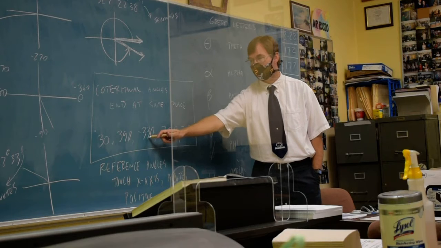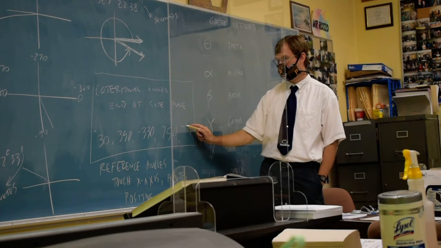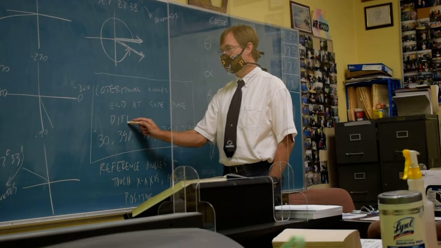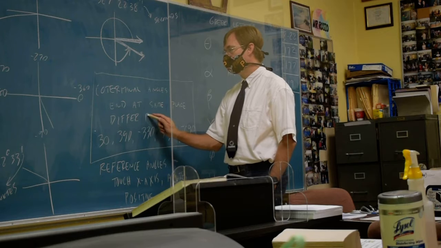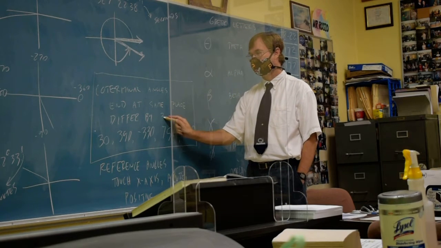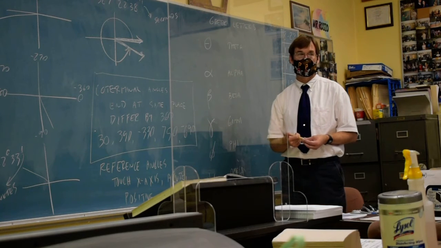If you go 360 away from that, headed more negatively, 690. Another thing I could say for these is that they differ by 360. If you just keep adding or subtracting 360, sooner or later you can make as many of them as you want to make.